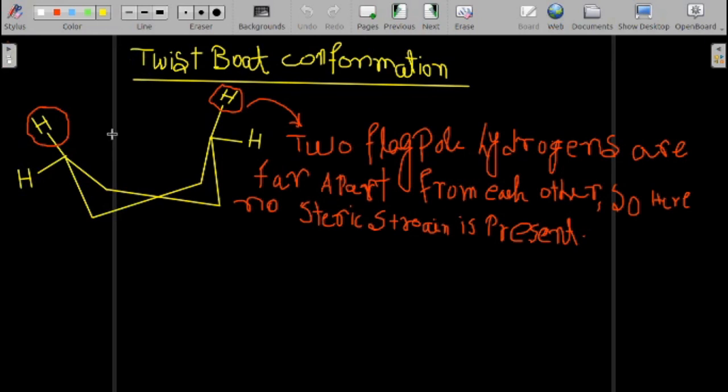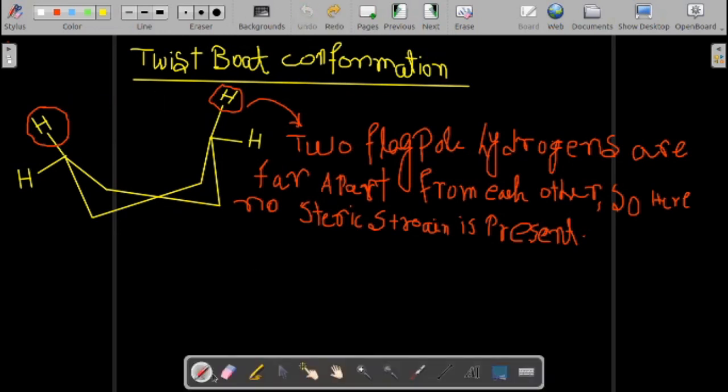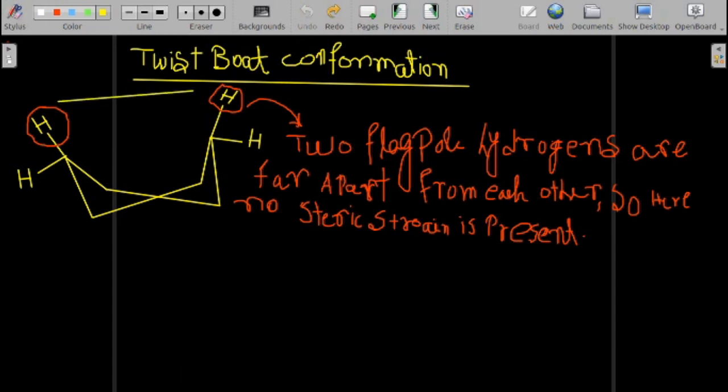In the case of the twist boat conformation, you will see that the two flagpole hydrogens are too distant from each other, so there is no steric strain present in the twist conformation.